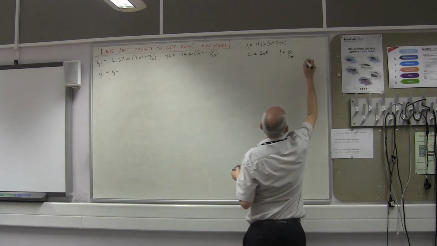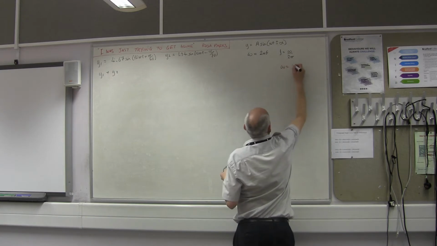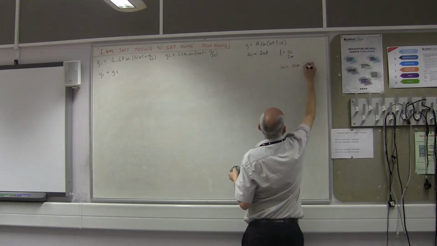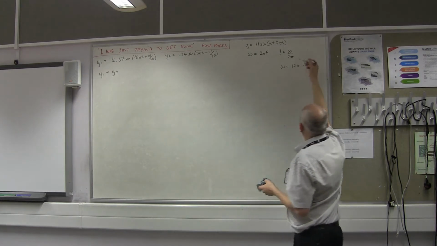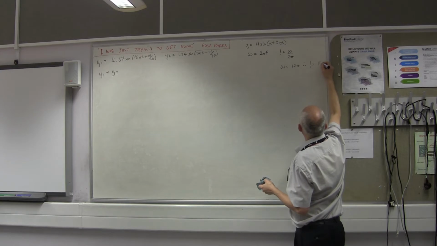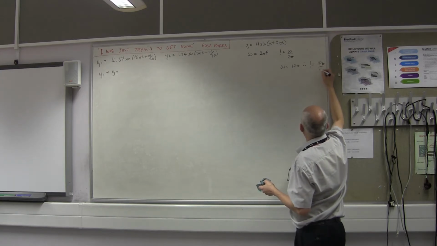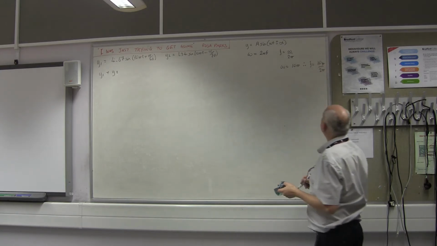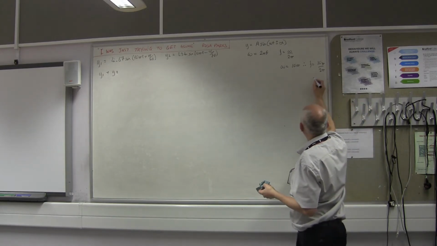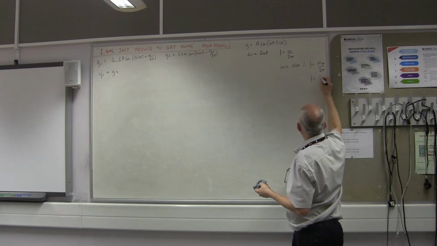So we've got an omega that equals 10 pi. So therefore our frequency is going to be f will equal 10 pi divided by 2 pi. So the pi's cancel, and then it's just 10 divided by 2, so the frequency is going to equal 5 Hertz.